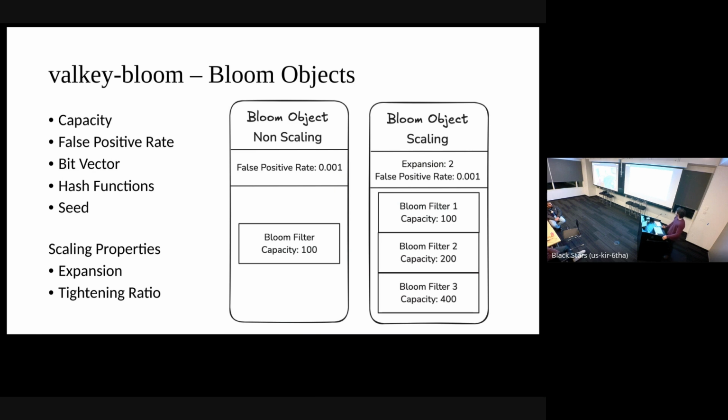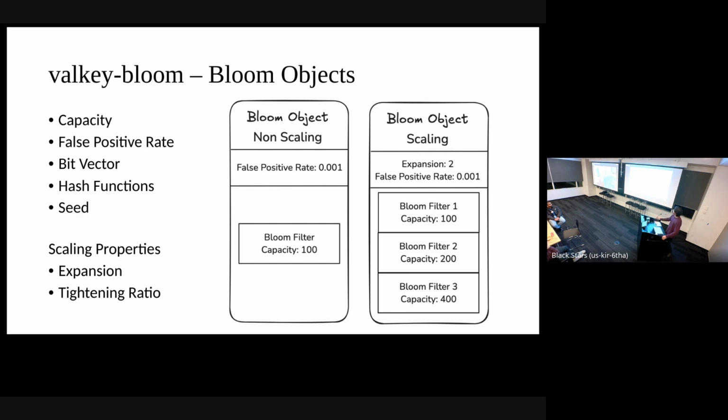So we build Bloom filters. We have a Bloom object that essentially can act as a scaling or non-scaling Bloom filter. And a non-scaling Bloom filter is, for the most part, just a wrapper on a Bloom filter. We're using an external Rust crate that provides this raw Bloom filter capability, and we've wrapped around this.